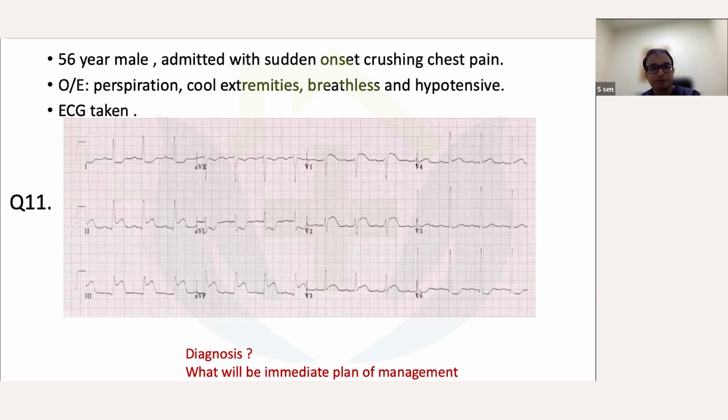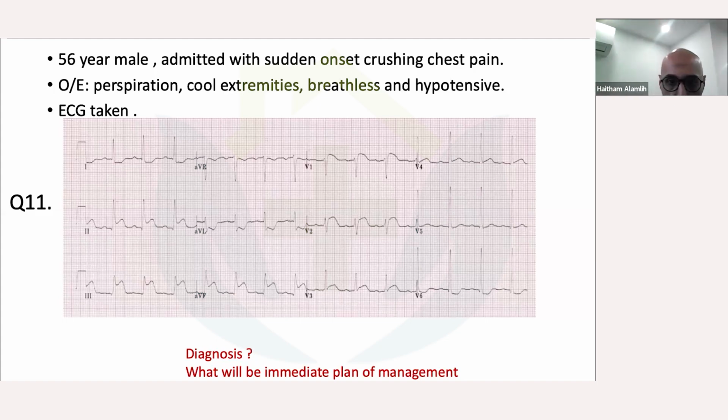One more ECG. A 56-year-old male admitted with sudden onset crushing chest pain. On examination, perspiration, cold extremities, breathless, hypotensive. ECG has been taken. What is the diagnosis? There is ST elevation in lead 2, lead 3, aVF. We also have elevation in V1, V2, a little bit in V3, with reciprocal changes.